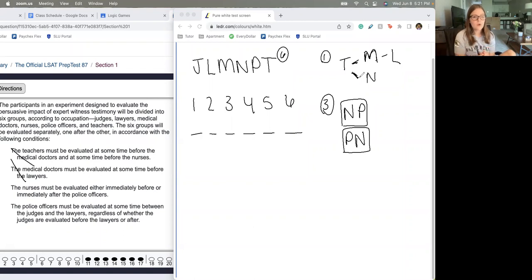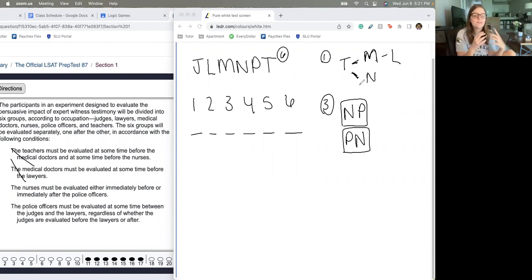Think of them like accordions, or a rubber band. You can put them as close together as possible, but you can also stretch them out as far apart as possible. So technically, we know that T has to be before N. It could be that spot 1 is T and spot 2 is N, but it could also be that spot 1 is T and spot 6 is N.